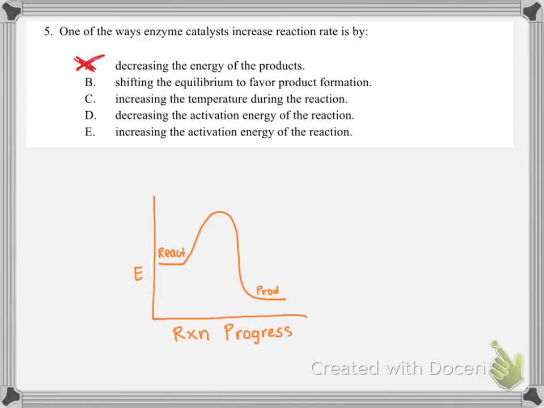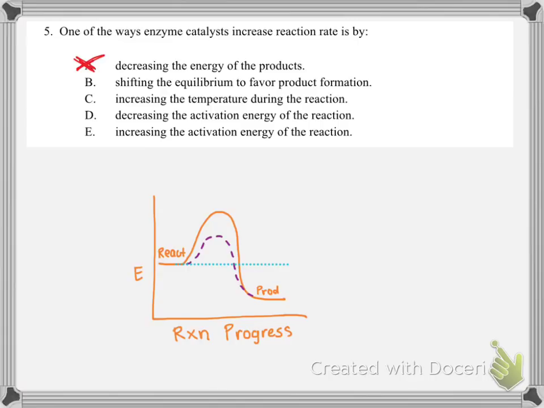The way an enzyme or catalyst works, though, is by decreasing the activation energy of the reaction. So it can give us an alternative route to reach the products. Here we can see that if the dotted line represents our catalyzed reaction, the activation energy of our catalyzed reaction is substantially less than the activation energy of our uncatalyzed reaction.